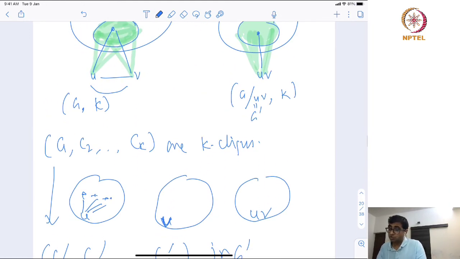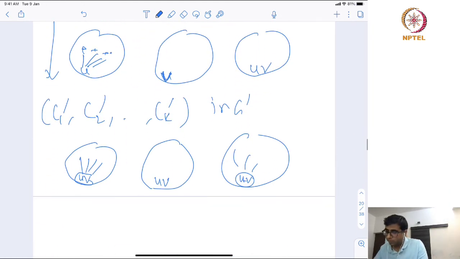Whatever U covers, UV covers. So you can check for yourself that every edge of G prime is covered by these new k cliques, where I look at the old k cliques and replace every vertex U with the new vertex UV.